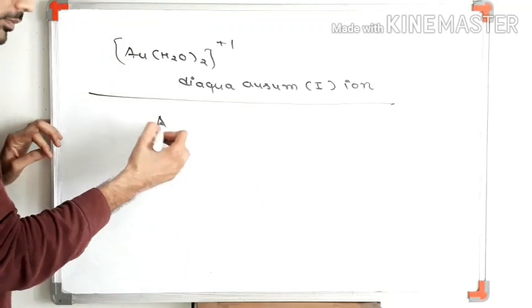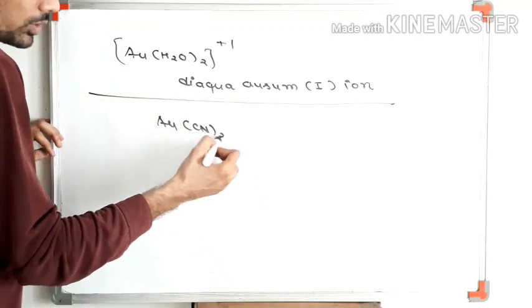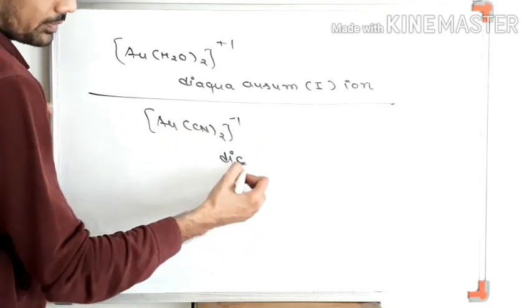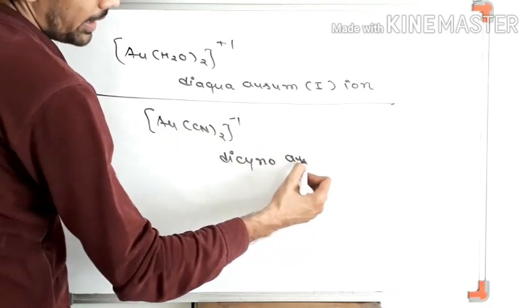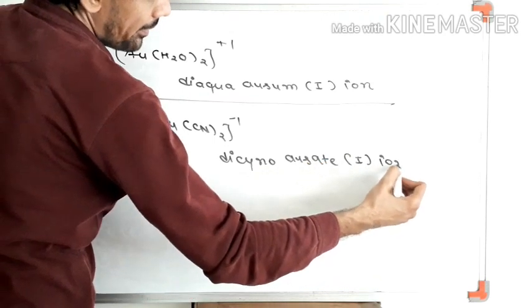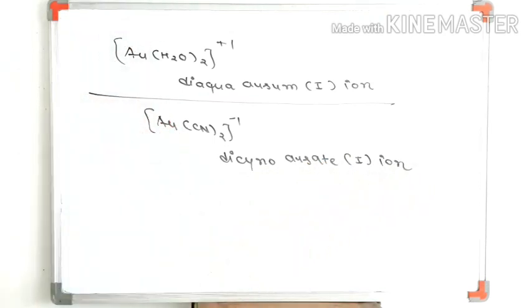But for [Au(CN)2]-, it is called dicyanoaurate(I) ion. It is called dicyanoaurate(I) ion.